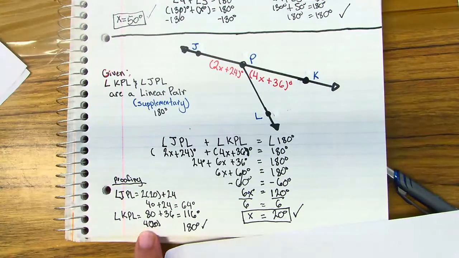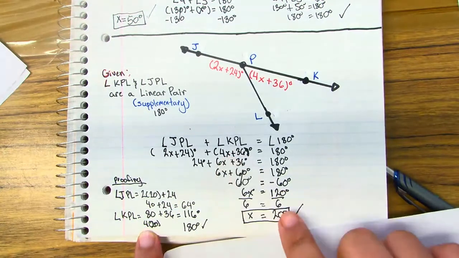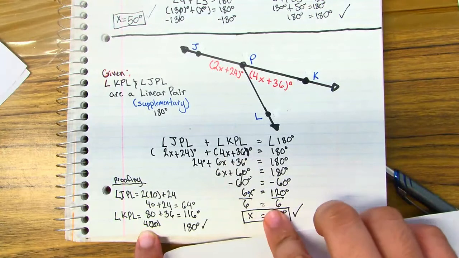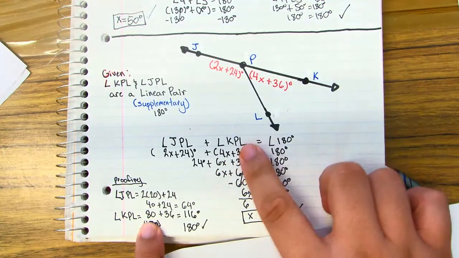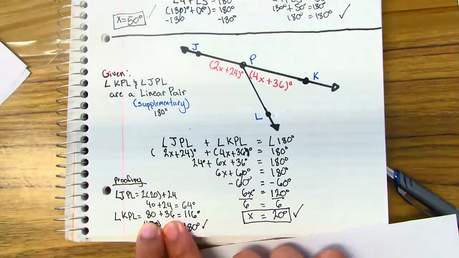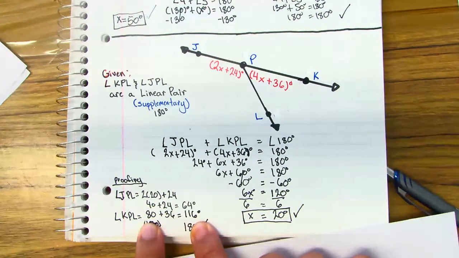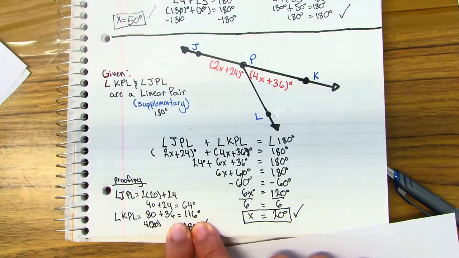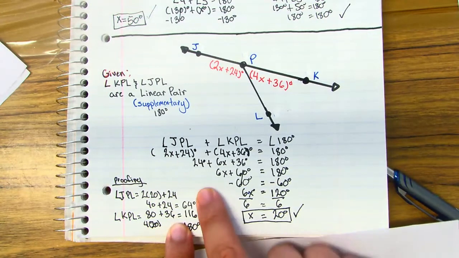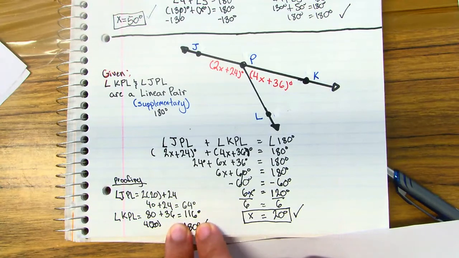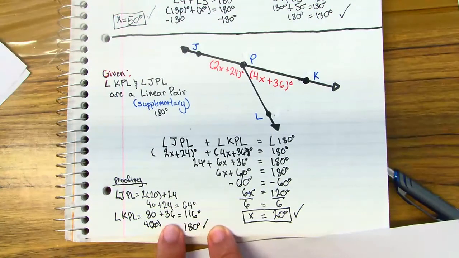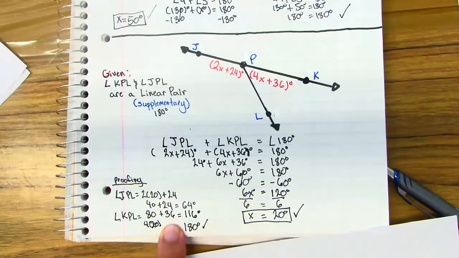How do I get 80? I multiply 4 times 20. 4 times 20 is 80, and I just added 36 to that as well. 80 plus 36 equals 116. When I add that together, 64 plus 116 creates a total of 180 degrees.